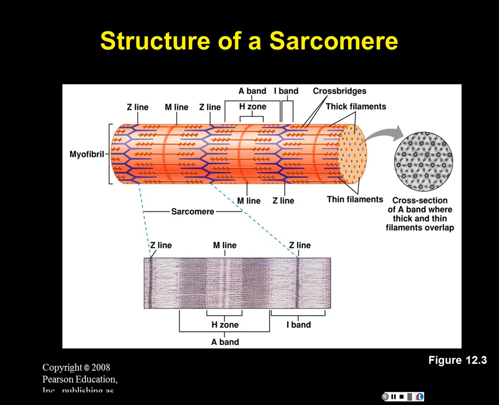To get something like this, probably someone had thousands of preps to get this kind of textbook illustration. But we can very clearly see the H line, or H zone, excuse me, around the M line. You can see a nice little Z band, but it looks lighter than the dark area.